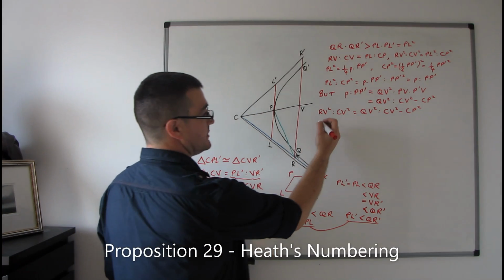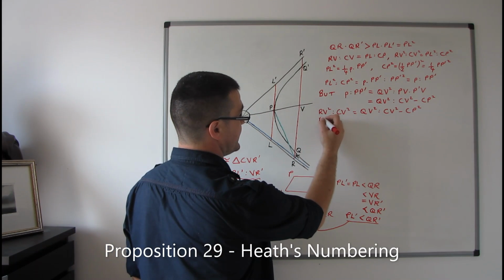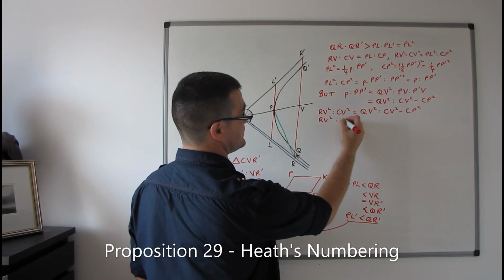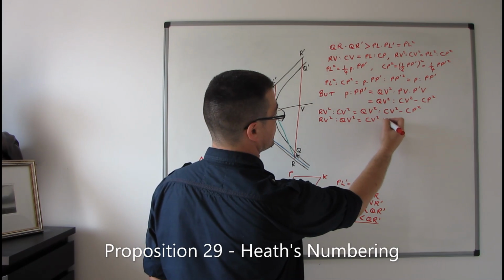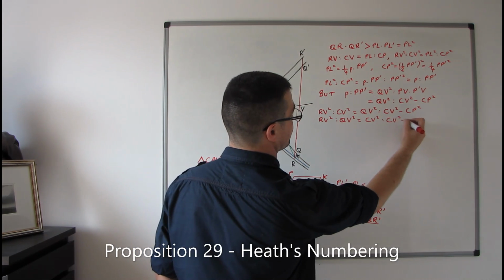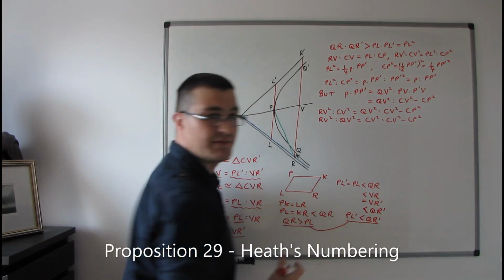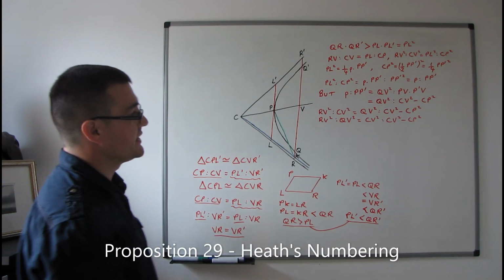And just rearranging this, we get RV squared to QV squared is equal to CV squared to CV squared minus CP squared, and then it's kind of a separando kind of argument.